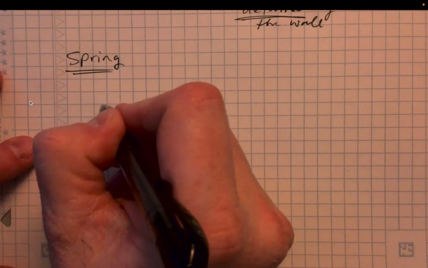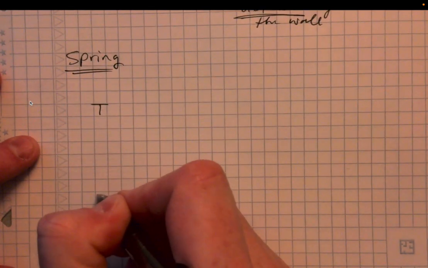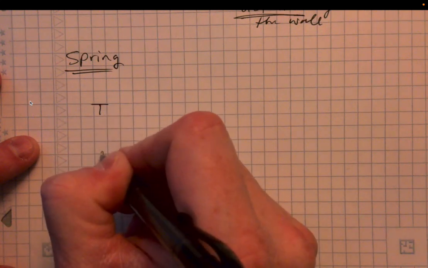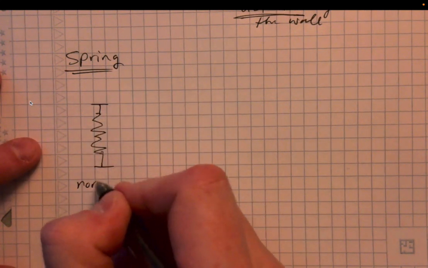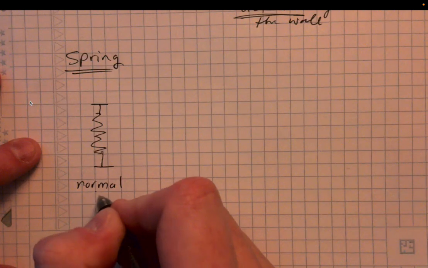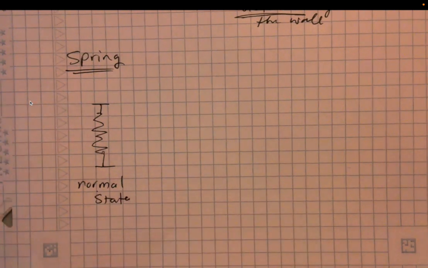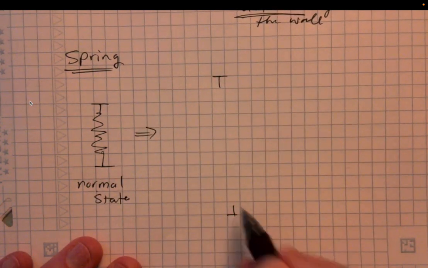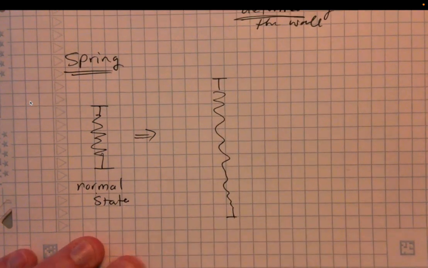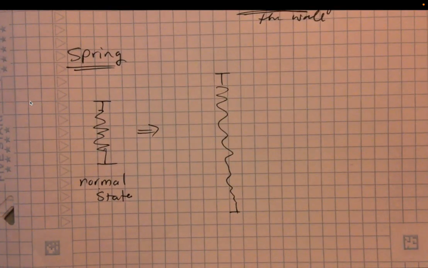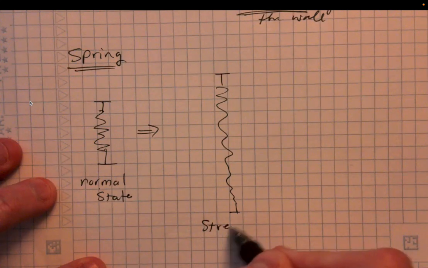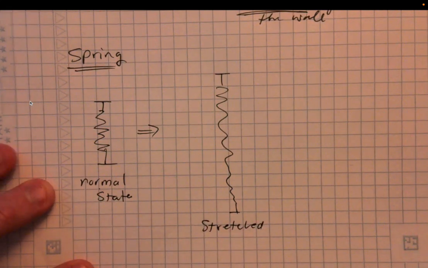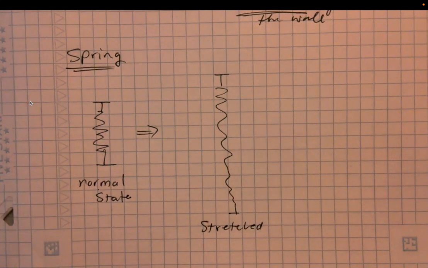But all springs are going to have a normal state or resting state, where they're not stretched and they're not compressed. Now we know that if we stretch the spring, then it's going to have a tendency to want to shrink back down to this normal state, and that tendency is a kind of potential energy.